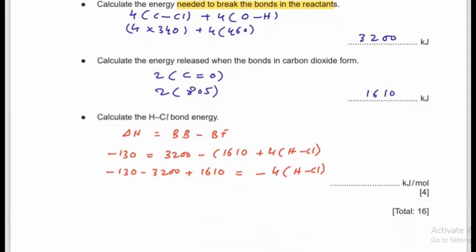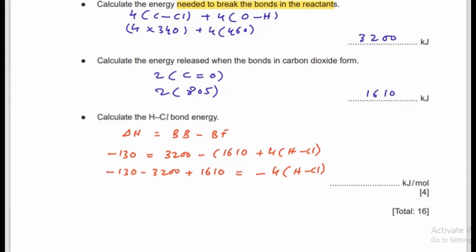Now, calculate the H-Cl bond energy. So delta H is the sum of bonds broken minus the sum of bonds formed. Negative 130 is the enthalpy change, which is given in the question. Bonds broken for all bonds of the reactants, 3200, minus bonds formed, the carbon dioxide, 1610 plus 4 H-Cl bonds.